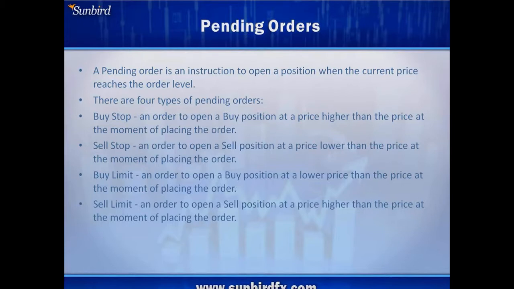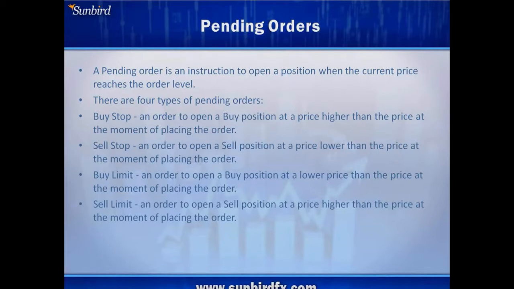So once it reaches 2.0, you go buy, you go long. This is a buy stop. A sell stop is an order to open a sell position at a price lower than the current price. So if the current market price is 1.5, when it reaches 1.2, it sells. This is a sell stop.